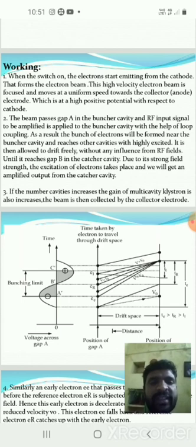So this velocity is very high. These electrons move uniformly through the vacuum tube or glass and travel to the end of the vacuum tube, which contains the collector electrode, that is the anode, which is at very high positive potential compared to the cathode.